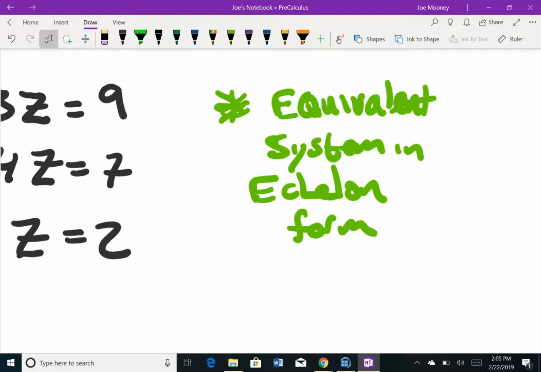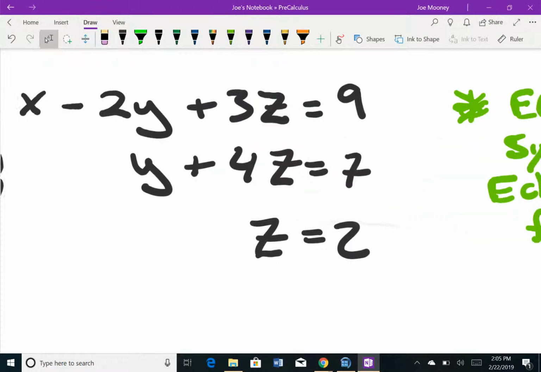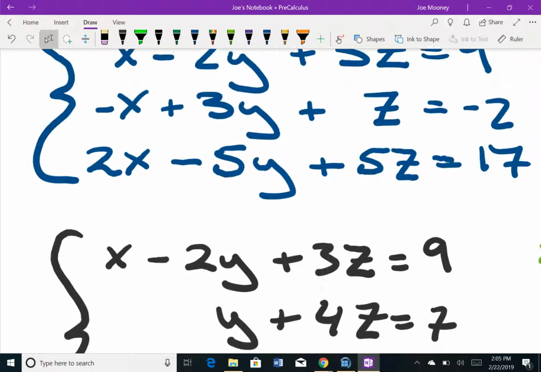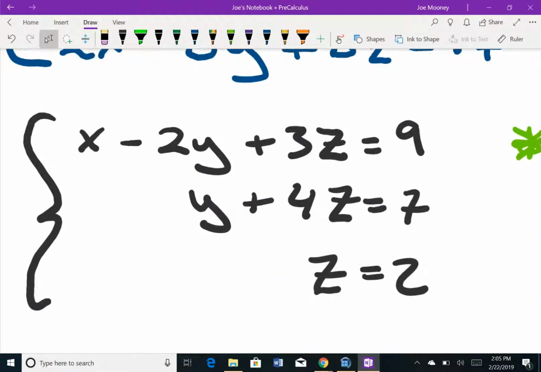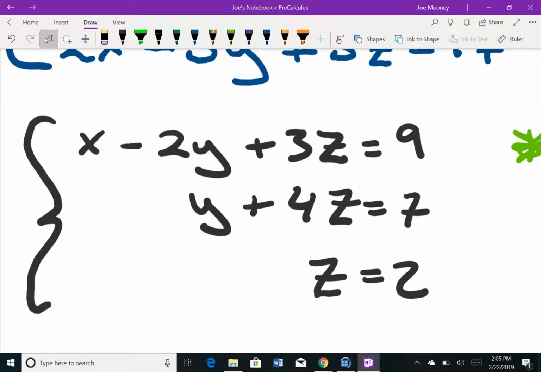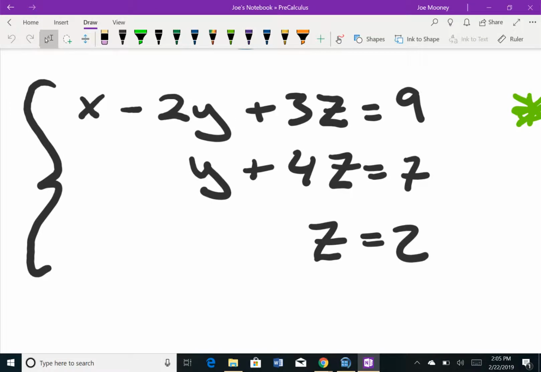I converted this into echelon form. All right, and we're going to do one together in class. But I converted that. Those are exactly the same. But look how much easier this one is, right? You've got X, Y, and Z in the top one with a lead coefficient of 1. That's a key.